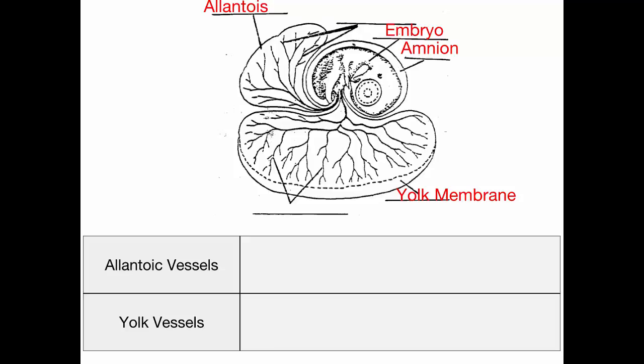What you have are these vessels. The purpose of these vessels is to transport things to and from the embryo. These yolk membrane vessels can carry the nutrients from the yolk into the embryo. These allantoic vessels can carry waste to the allantois from the chick.